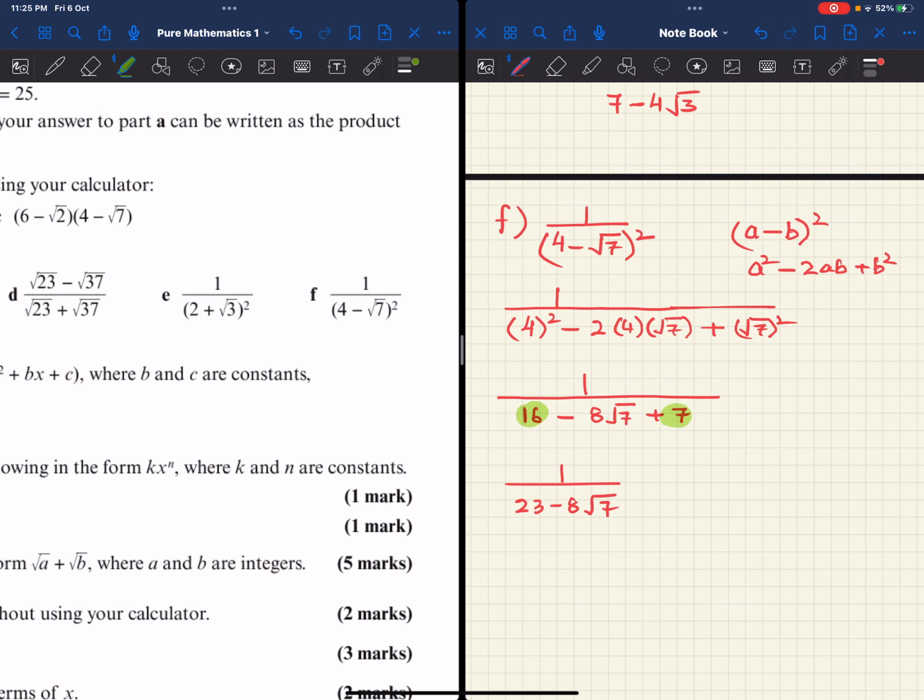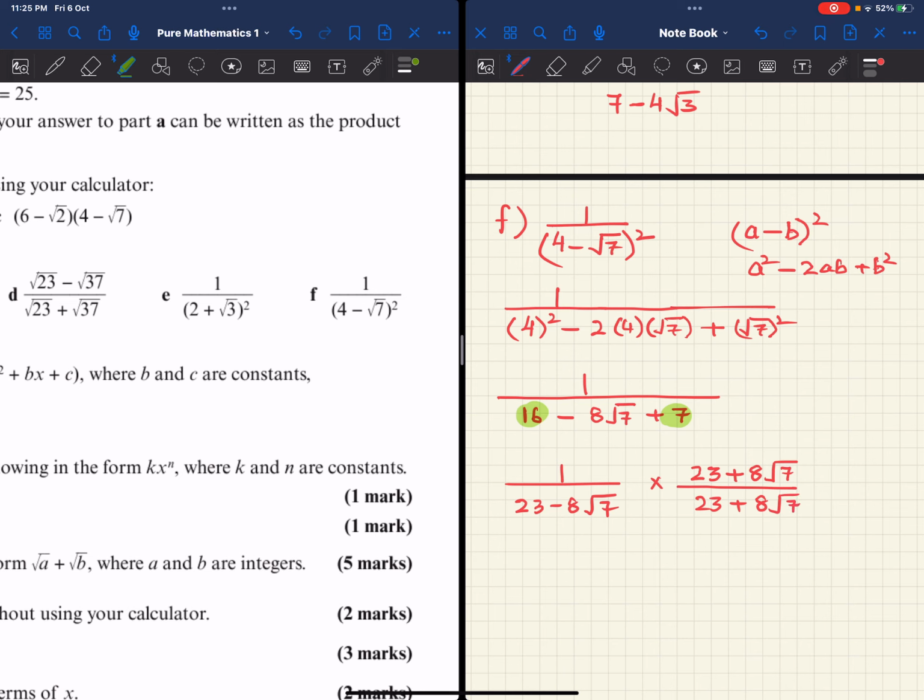Now we have simplified the square bracket, and at this point we can start rationalizing the denominator by multiplying the fraction with the denominator but with the opposite sign. So 23 plus 8 root 7 divided by 23 plus 8 root 7.